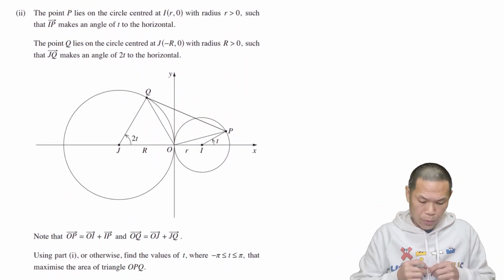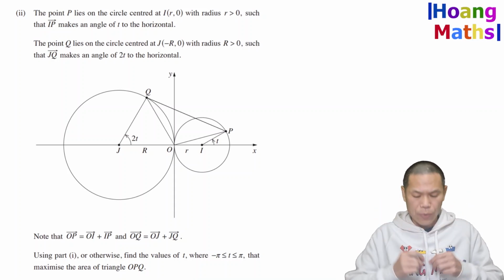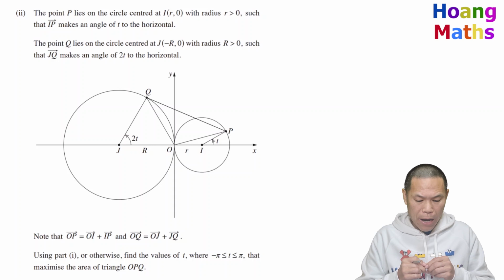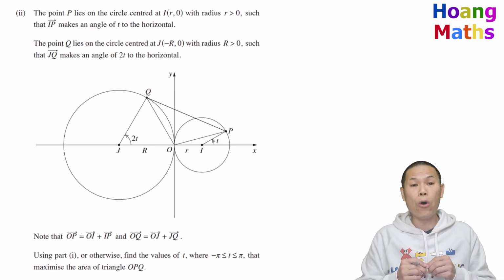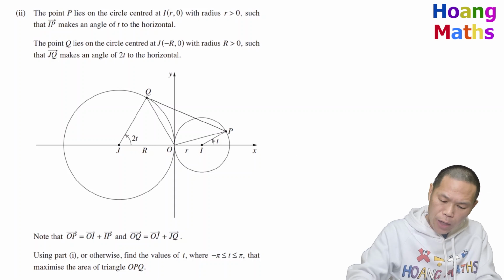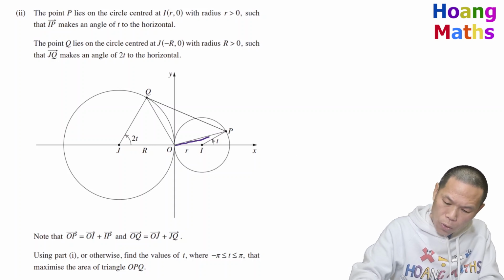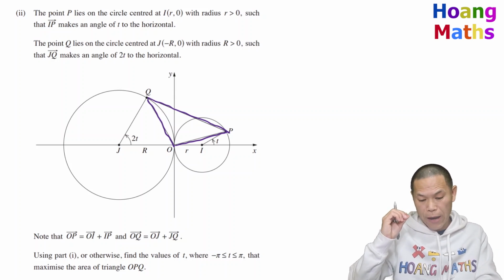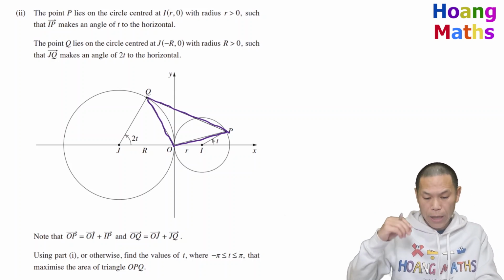Part 2. Using part I, or otherwise, find the value of T that maximizes the area of triangle OPQ. In other words, we need to find the area of OPQ, this area here. First of all, we need to find the vectors OP and OQ.